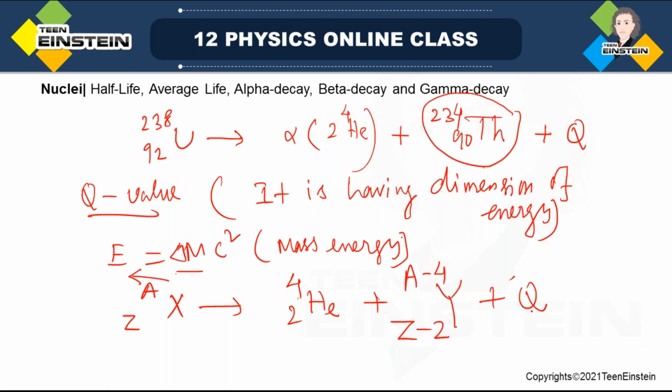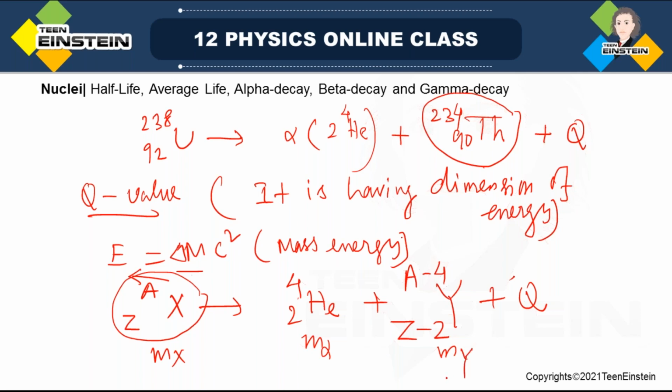So what is this Q value and how is this energy released? In this case, this nucleus has mass, suppose mx. The alpha particle has mass m alpha, and the daughter has mass my.